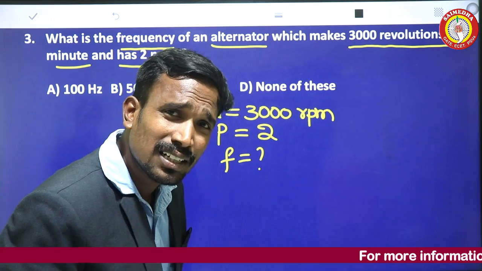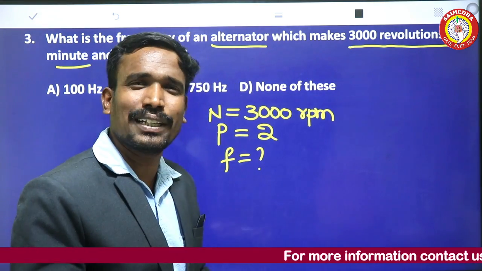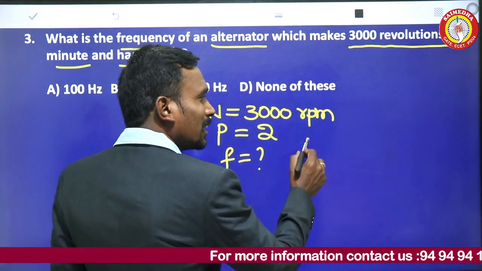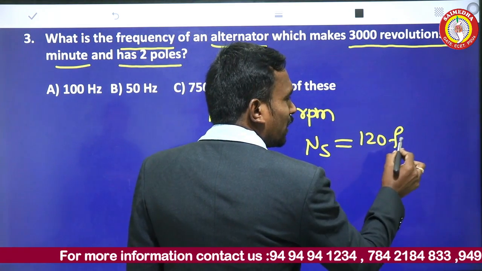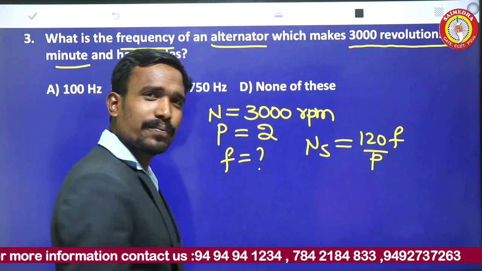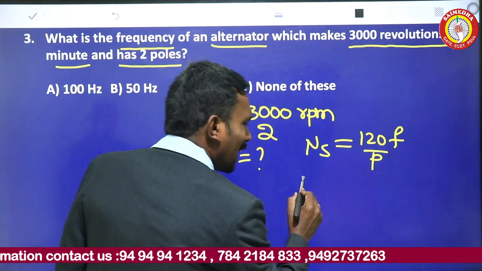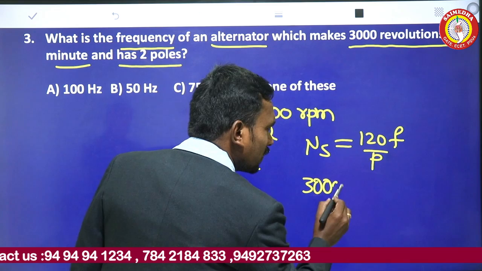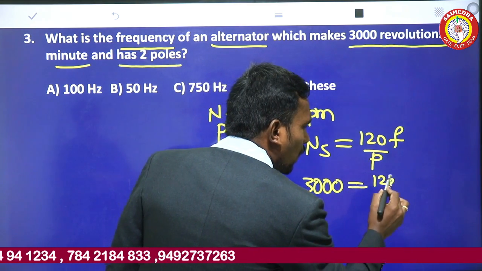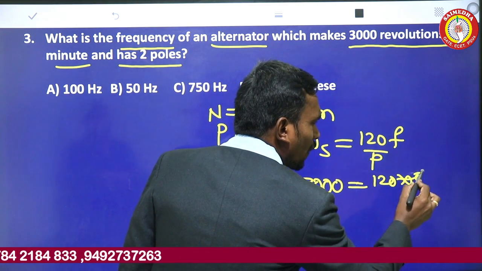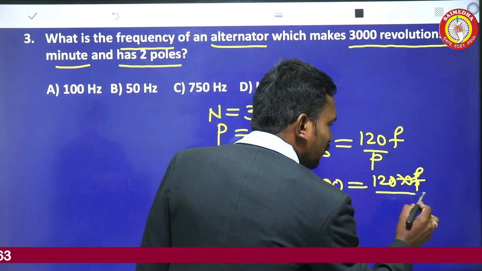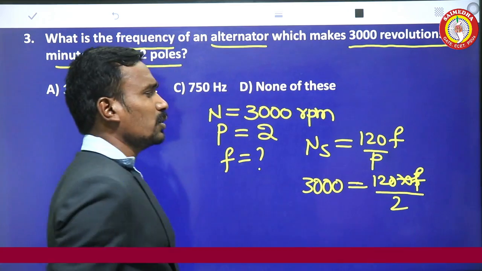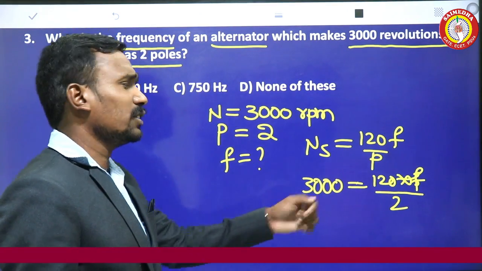How can we get it? This is a basic principle in induction machine and synchronous machine. The speed Ns is equal to 120 f by P. Ns is 3000, equal to 120 into f, we don't know the frequency, divided by the number of poles, which is 2.